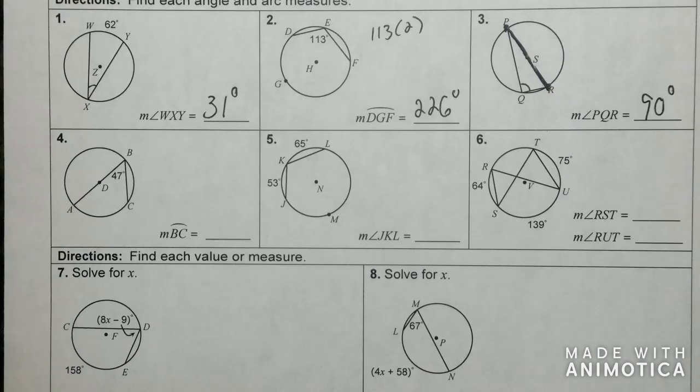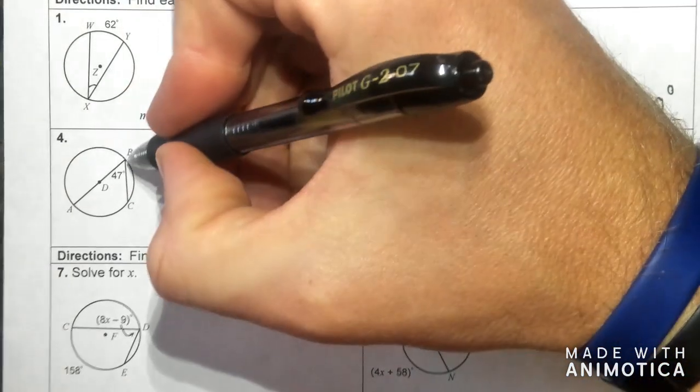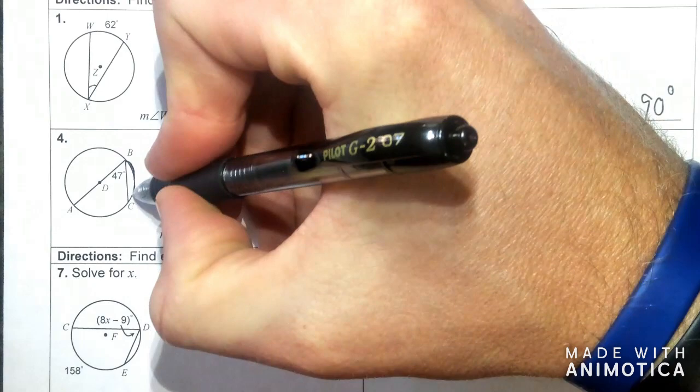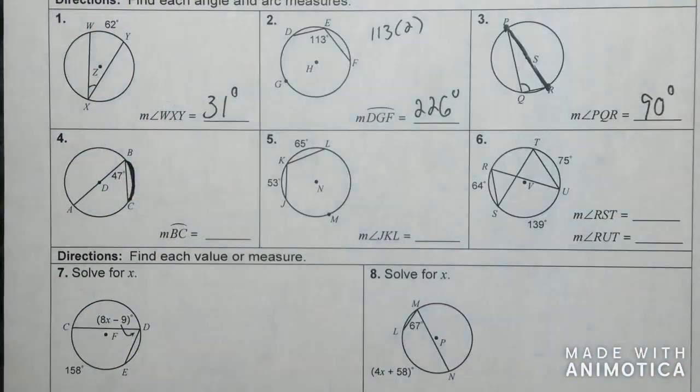Okay. All right, on number 4, we've got a little bit different scenario because of what we're being asked to find. They're asking us to find arc BC, which is this one. We're given a couple of things. One, sort of obvious, and then a second one that you have to maybe take a step back to see.